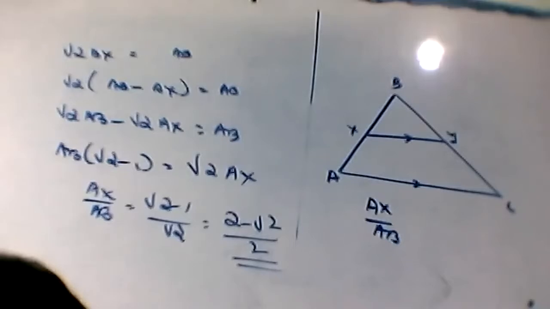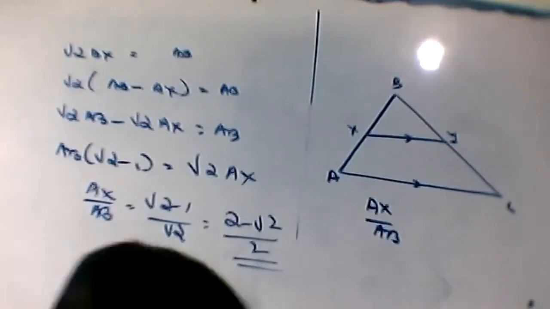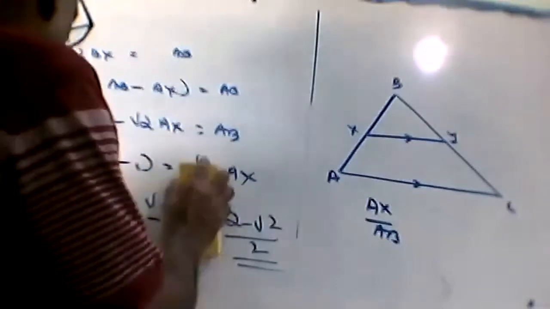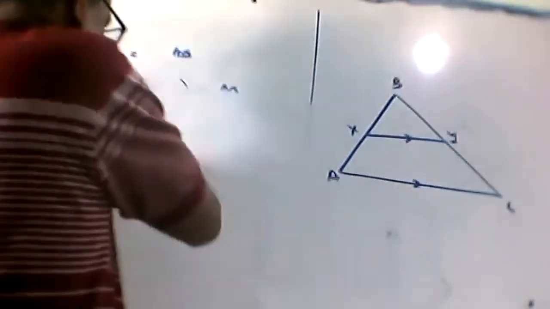Anyway, in a right triangle, the square of the hypotenuse is equal to the sum of the squares of the other two sides.